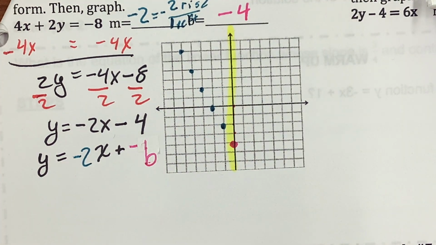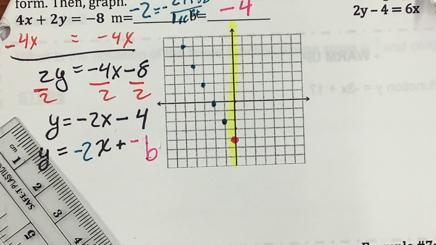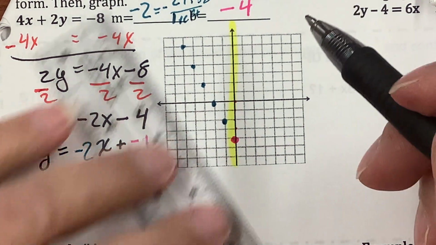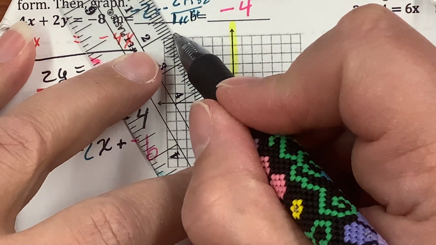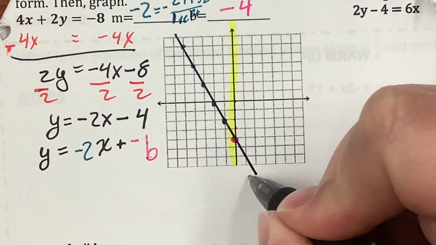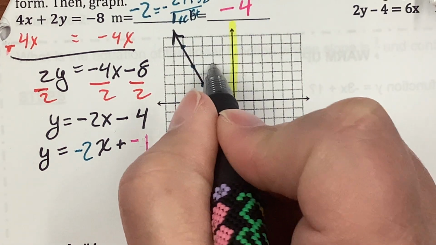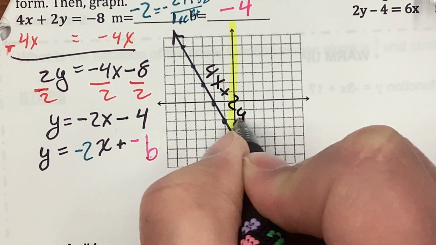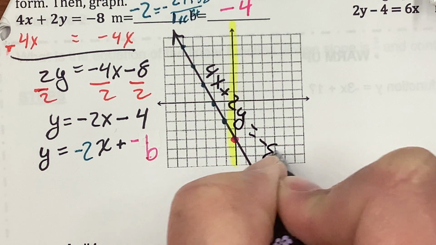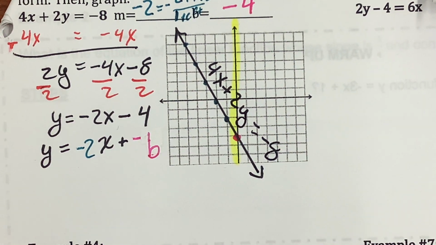Grab my ruler and connect those dots all the way across the grid, with arrows. Then write 4x plus 2y equals negative 8. Always go back to that original equation. All right, now we're going down.